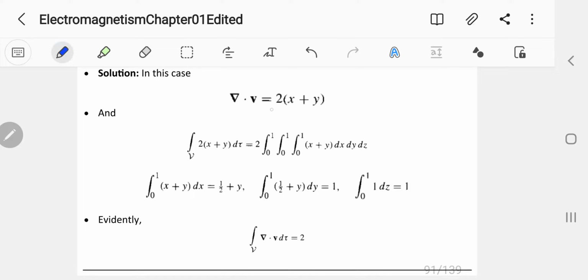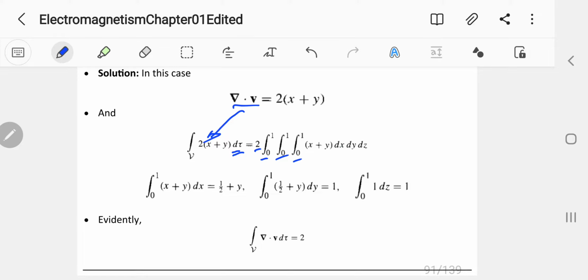So you will have this one here, 2 times x plus y integrated with respect to d tau, and then you have 2, take that out of the integral, so this is from 0 to 1, 0 to 1, 0 to 1, and anyway x and y are independent of each other, so you have x plus y dx dy dz.